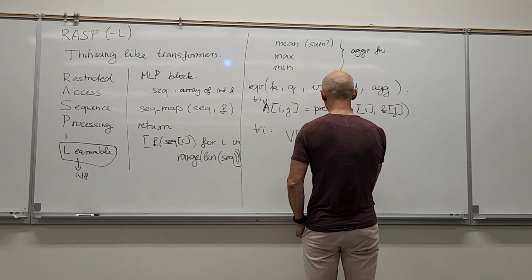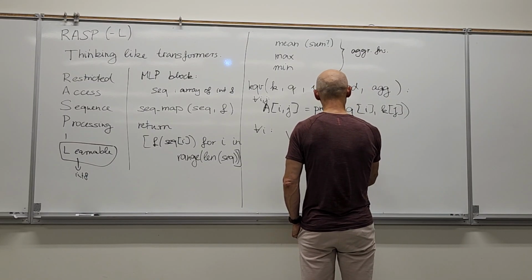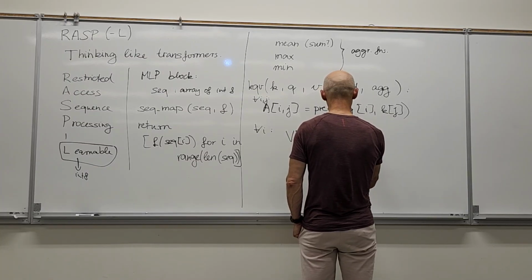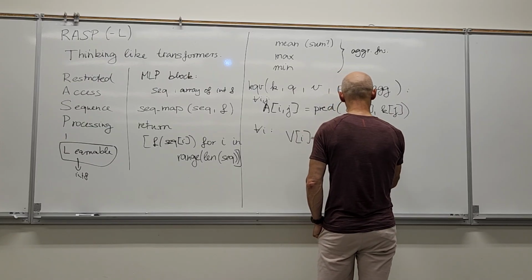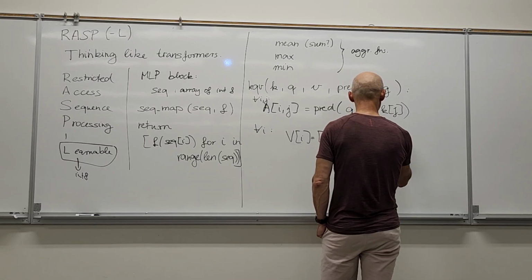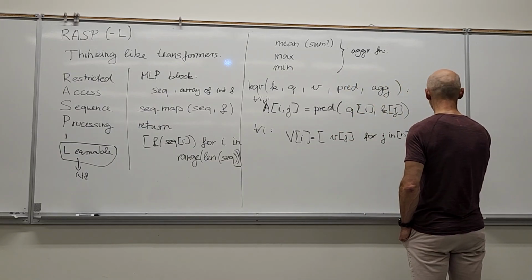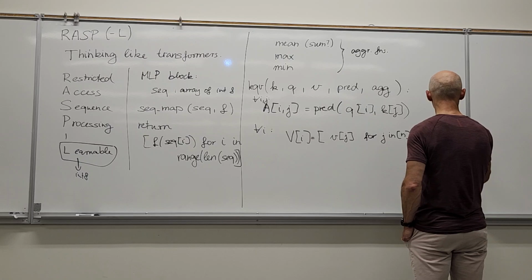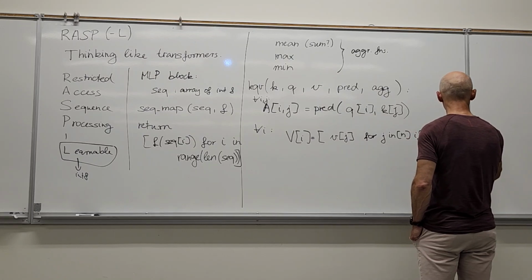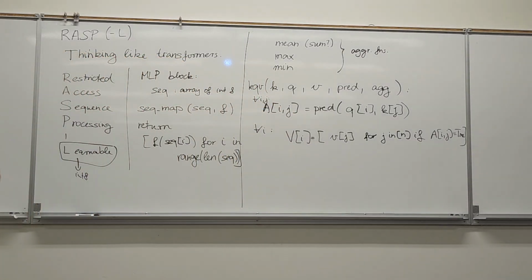So here, you put in V_j for j in n if A_ij is true. Okay, so this is not proper syntax, but you got a sense of it, right?